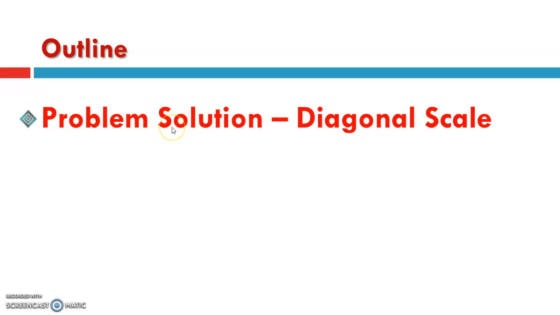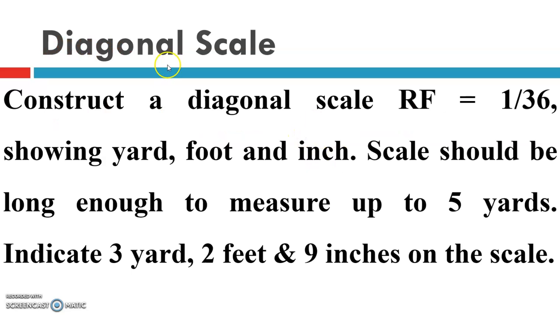In today's lecture, we are going to study the problem solution on diagonal scale. Construct a diagonal scale, RF equals 1 divided by 36, showing yard, foot and inch. It means one thing: they have given us RF directly, and second, they have utilized the British system of units.